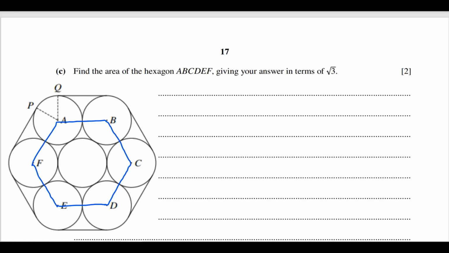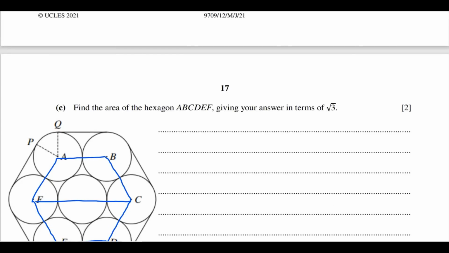If you join F and C, we will get two identical trapezium. We know the area of a trapezium. Okay, so the distance AB is 40 centimeter. This is 40 centimeter. And FC is 20, 40, 20, 80 centimeter.